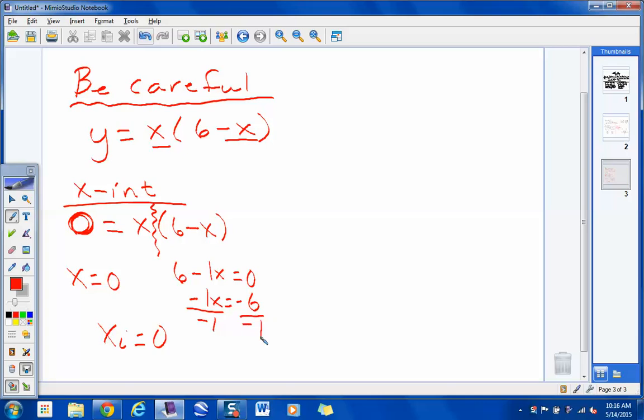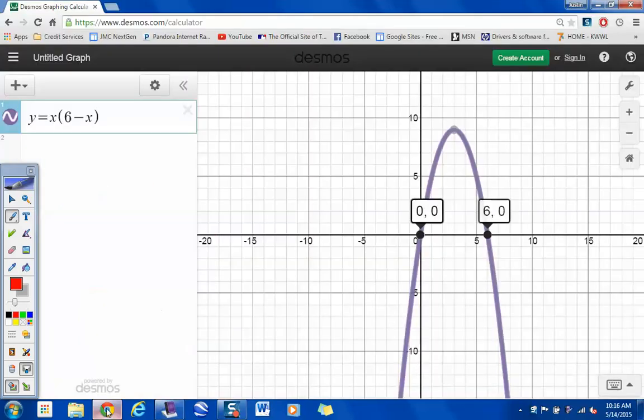Negative divided by negative, positive, right? Okay, so positive 6. So my x-intercepts are 0 and what? Help me out, gang. We're almost done. 0 and 6. Okay. Have I confirmed that graphically up here? Yeah. All right.